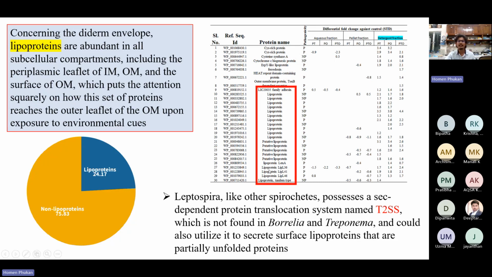So there could be certain kinds of export systems in this organism. Leptospira has type 2 secretion systems, which are not found in any other spirochete, including Borrelia and Treponema. It could be utilized to secrete the surface lipoproteins in a partially unfolded form.